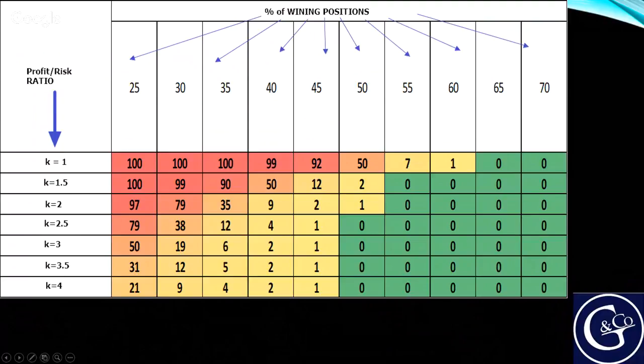So these numbers are the probability that your account will be 0. You see, if you have big, good numbers for profit risk ratio, and good numbers for percentage of winning positions, there is almost no probability that you will lose your deposit.